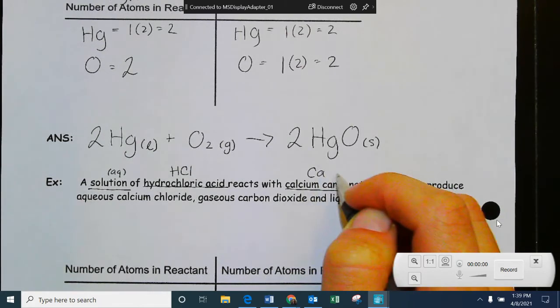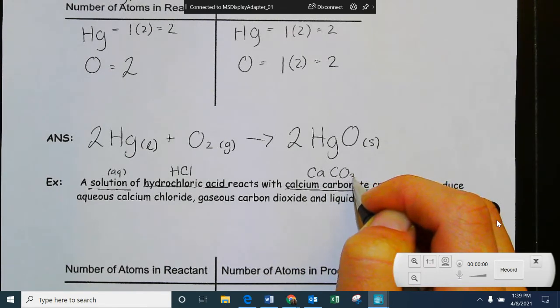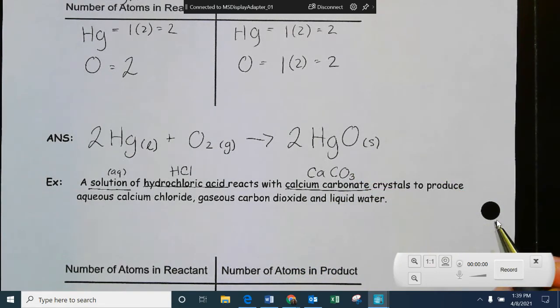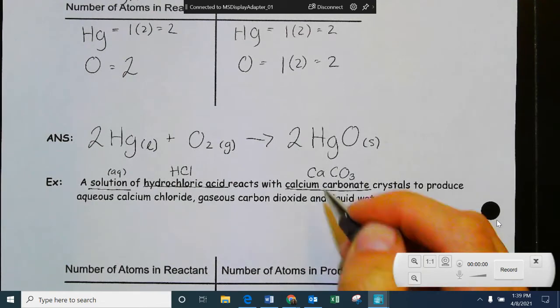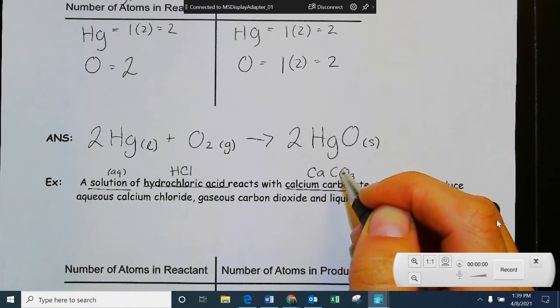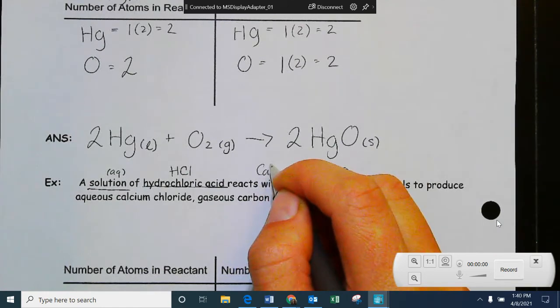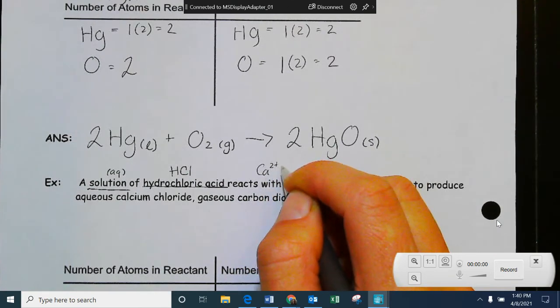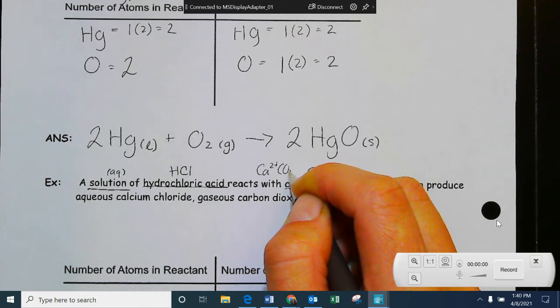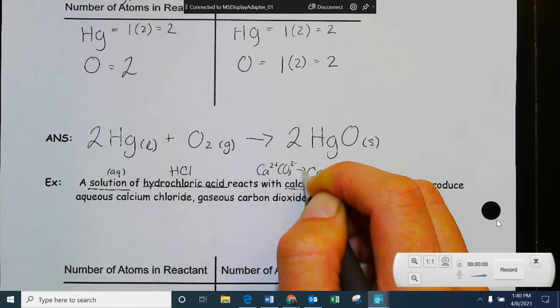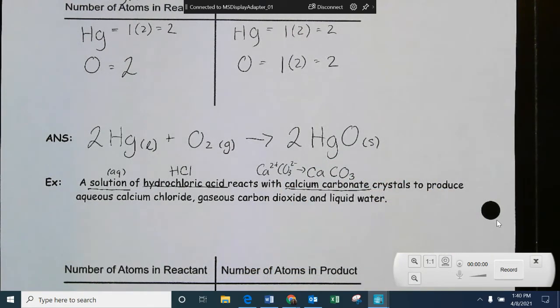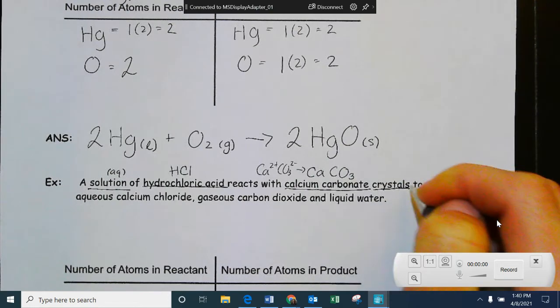It's CaCO3. Calcium has a 2+ charge, and carbonate has a 2-. So we get CaCO3 from that. Crystals, what's that?